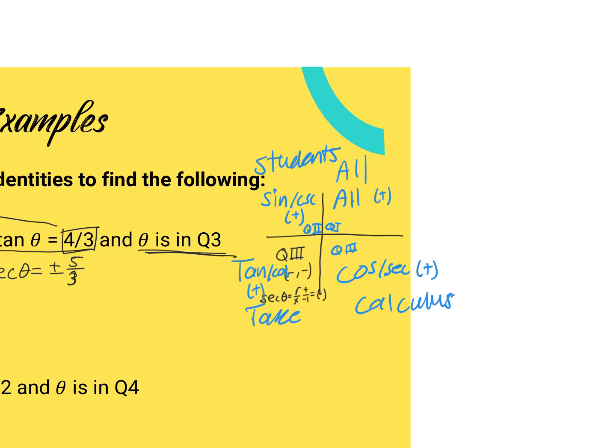That's the only ones that are positive. In the third quadrant, take, T goes with T. Tangent and cotangent go together, that's what's going to be positive. And then in the fourth quadrant, cosine and secant are positive. All students take calculus, C goes with C. And so cosine and secant go together, and those are what's going to be positive.